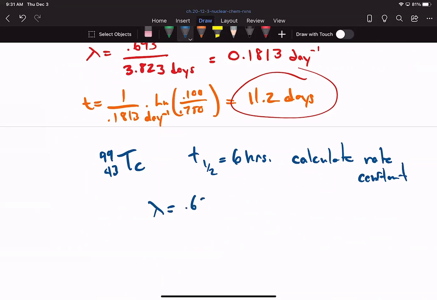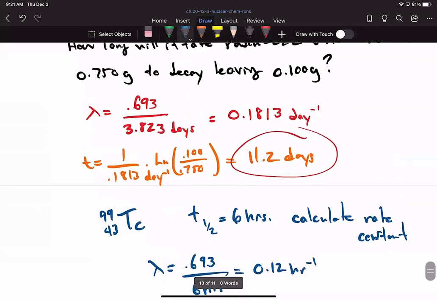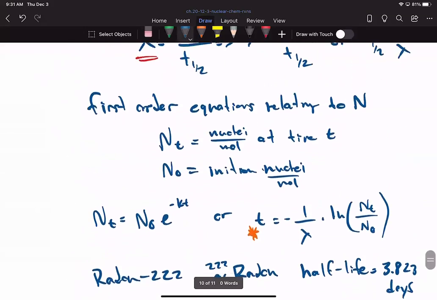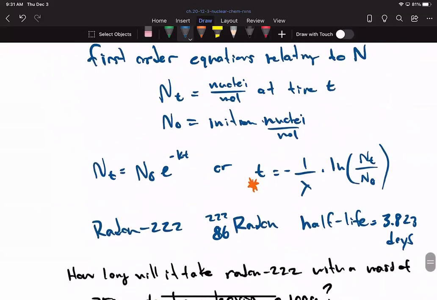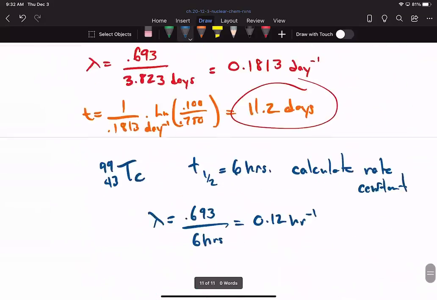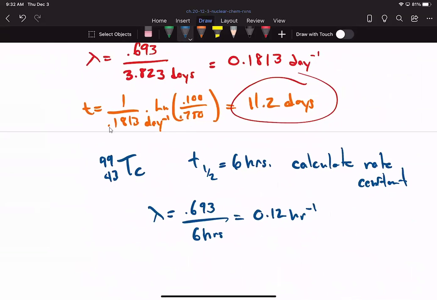Lambda equals 0.693 over 6 hours, equals divided by 6. There you go. So mainly we are just going to be using a few of these formulas down here in order to calculate some of this information that they want.